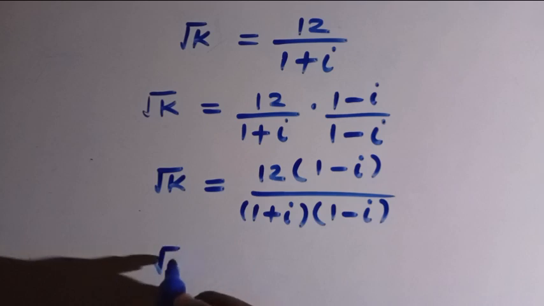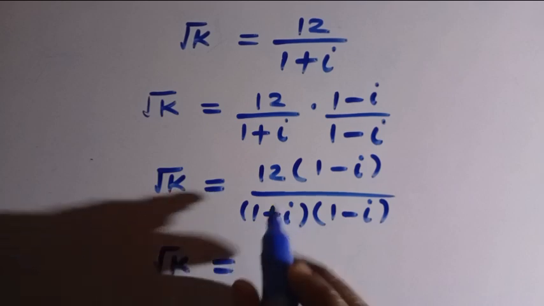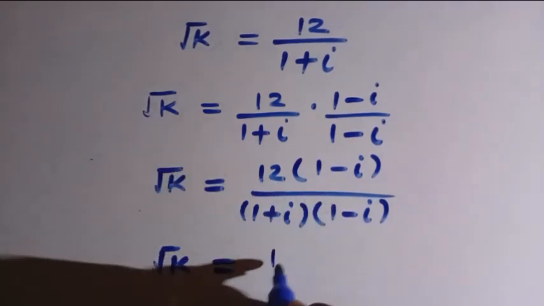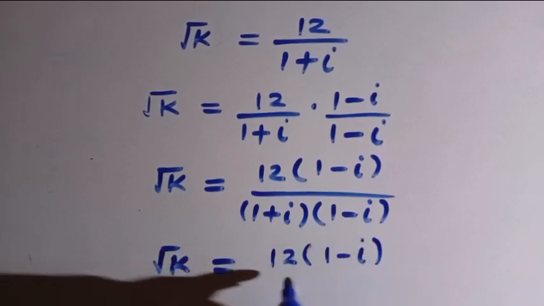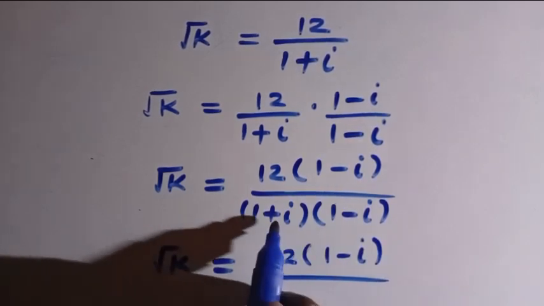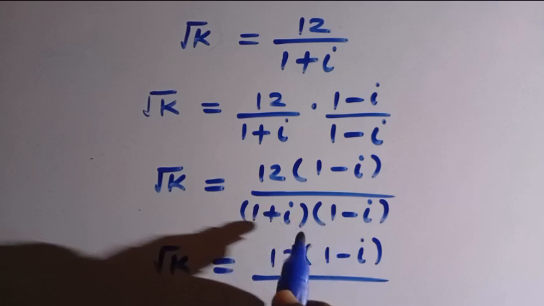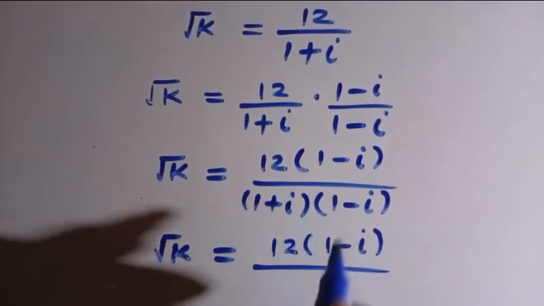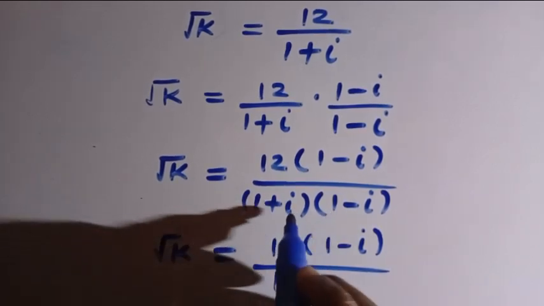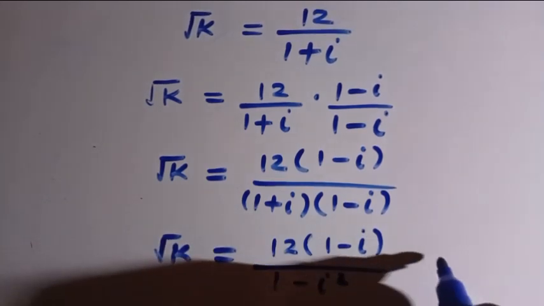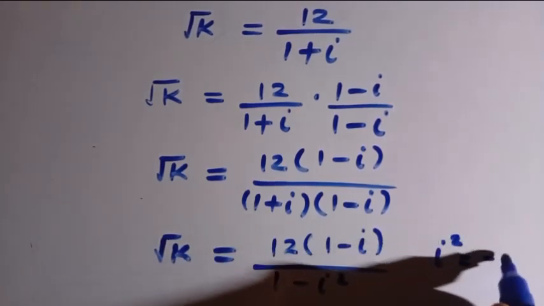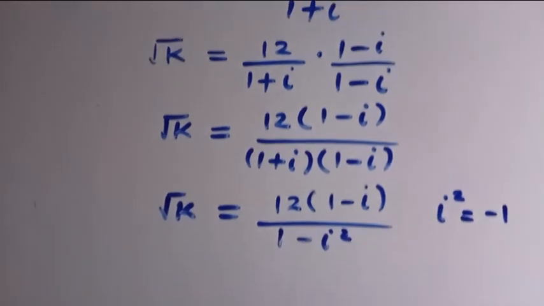When we expand this out, we have 12 into bracket of 1 minus i divided by, this is difference of two squares, so we multiply 1 by 1, that is 1, minus i multiplied by i, that is i squared. And anytime we have i squared, that equals minus 1.